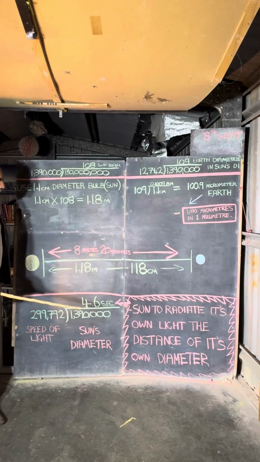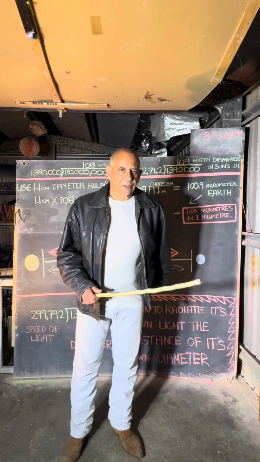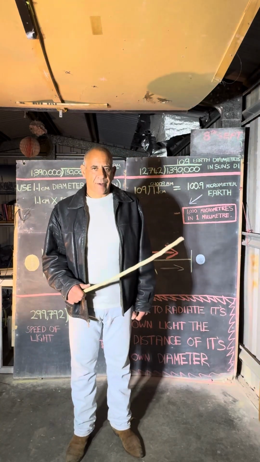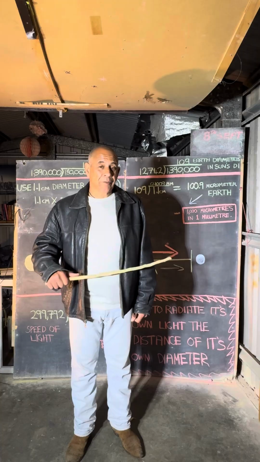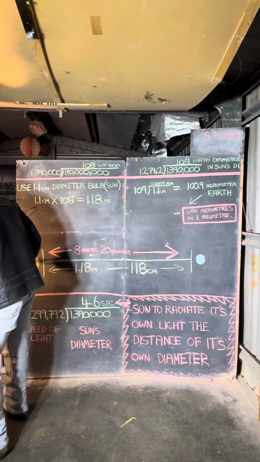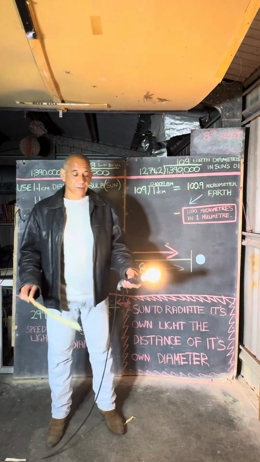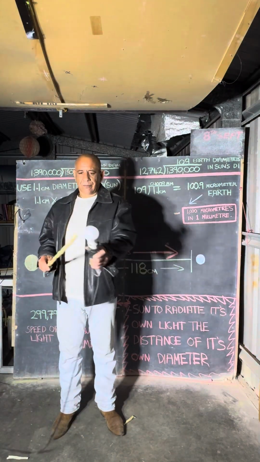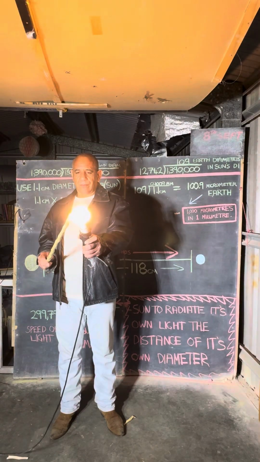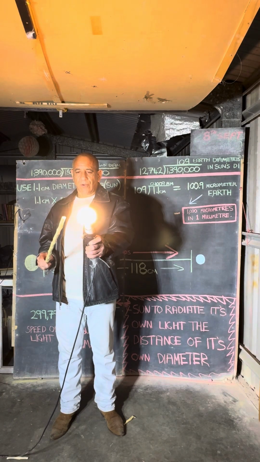Now, to think that the sun radiates its light at a rate of one of its own diameters every 4.6 seconds. So this, like I said, it's the common sense line, right? 1, 2, 3, 4.6.